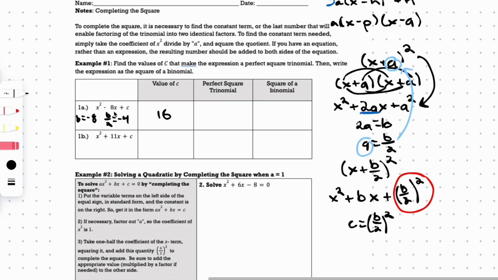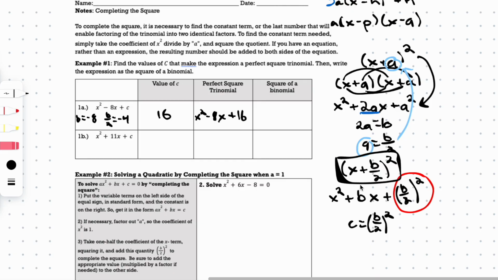And I'm just going to write out the entire perfect square trinomial, something like this. And then the square of a binomial would be plugging in this b over 2.